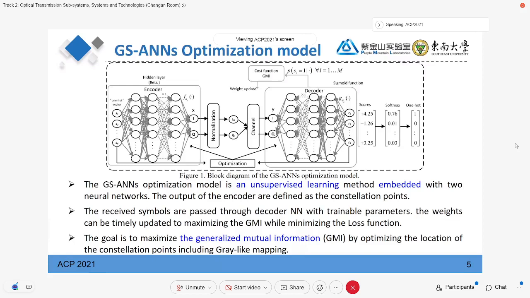When it obtains the Gray-like mapping, it can minimize the loss function.